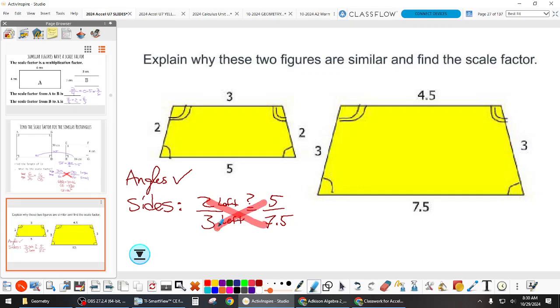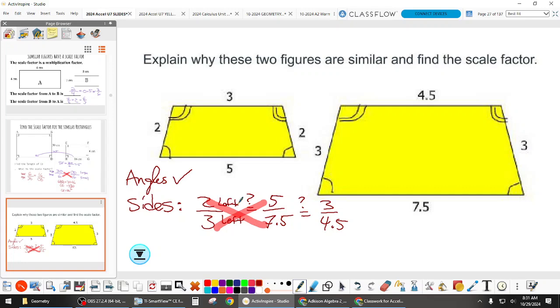So 15 equals 15. Either one is telling us that those are in proportion, right? The side lengths are. And then we could also include 3 to 4.5 in here. Okay, and then here we get same thing. It's not going to be equivalent to this, but it's still equivalent to the one before it, is what I'm trying to say.